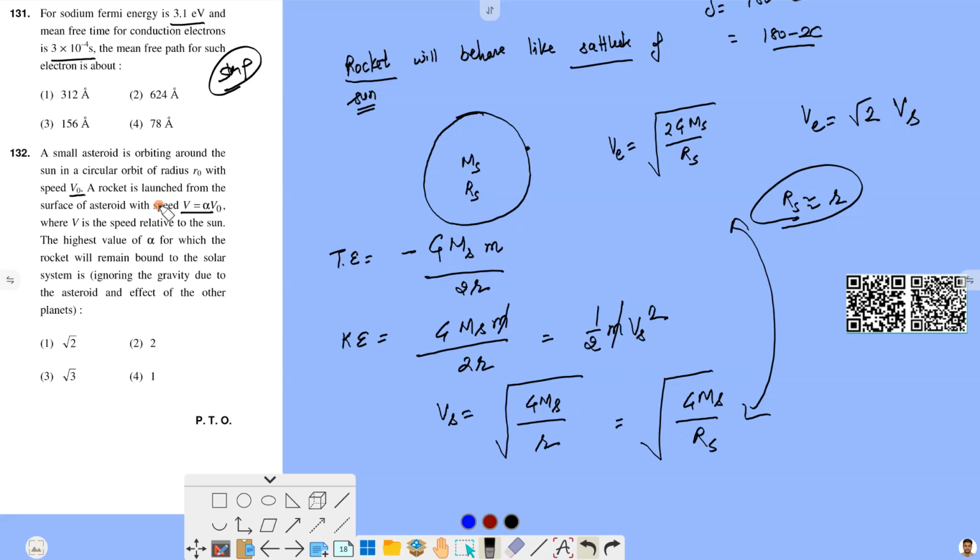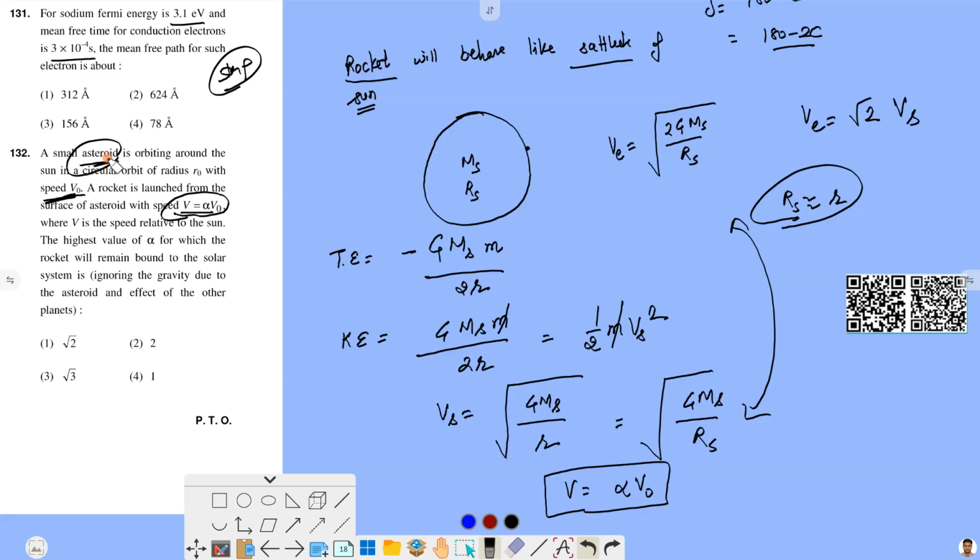Now, as mentioned, the asteroid is launched with the velocity v equal to alpha times v naught, where v naught is the velocity of the planet or asteroid.